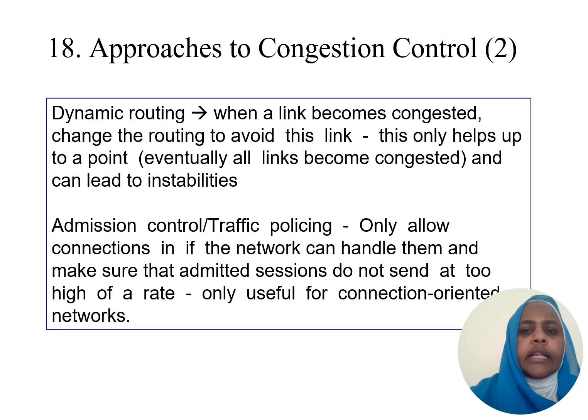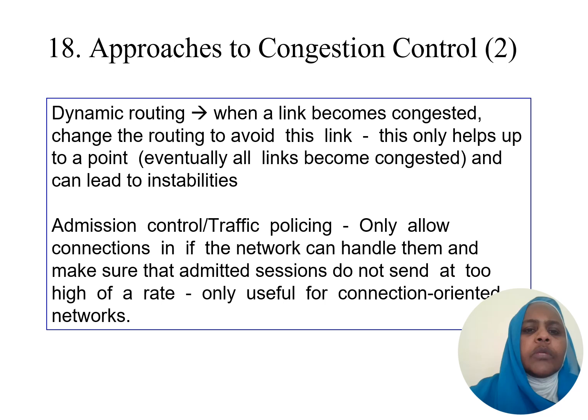Dynamic routing: when a link becomes congested, the router will redirect the traffic to another route which is not congested. But if the sender continues sending packets at a high rate, this will actually make every single link congested, and this can lead to instabilities.